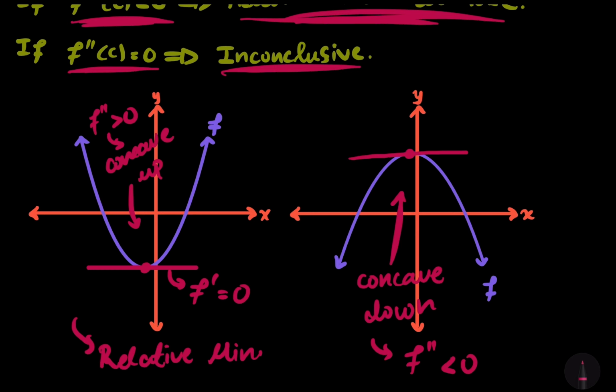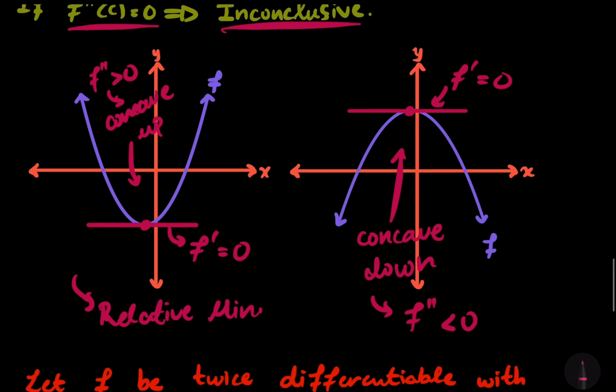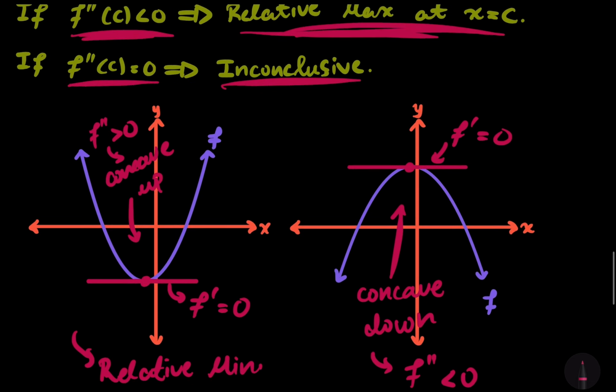We have a horizontal tangent. We know that f prime is equal to 0 at this point. And so the only way for us to have our graph concave down and a horizontal tangent at this particular point is if this point is a relative maximum. So let me go ahead and write that over here. This is going to be a relative maximum.